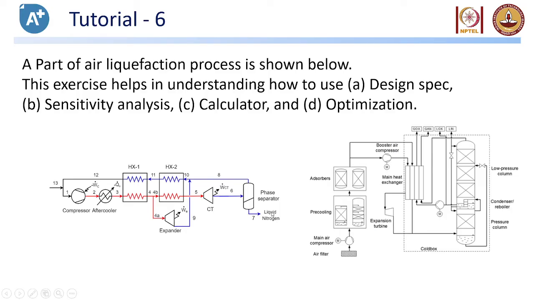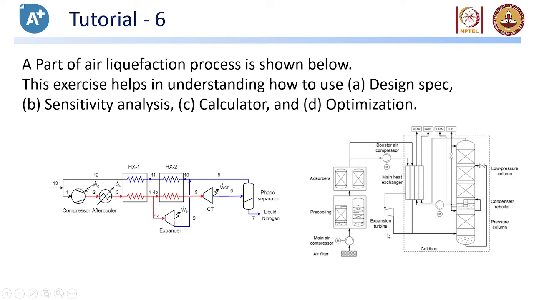So what are we going to see? If you observe here, the liquefaction process is presented in simple terms. We have a compressor, an after cooler, then heat exchangers. This is the main heat exchanger which we have separated. From between the main heat exchanger, we take a part of the compressed feed, expand it, and send it to the other side.